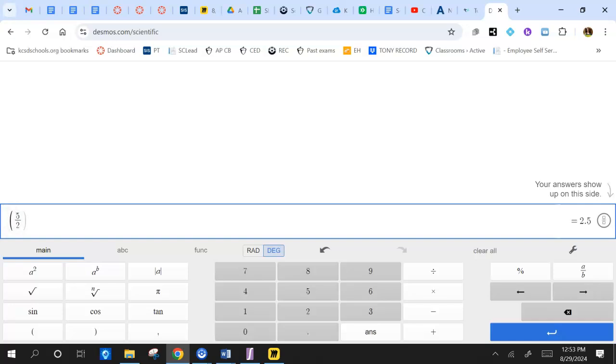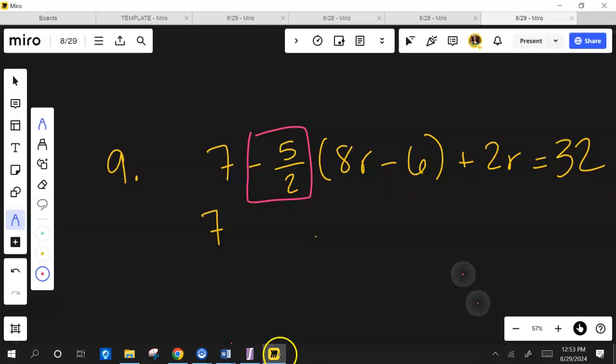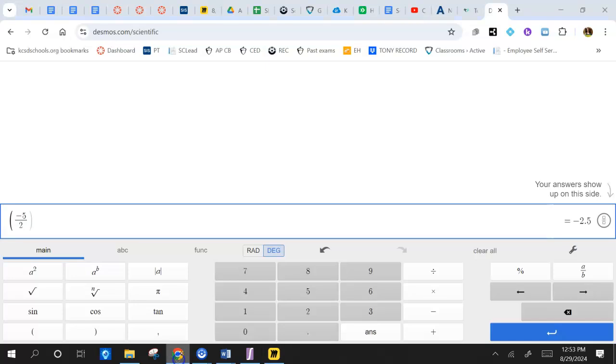Where's the negative button? Okay. -5/2. On this, it's the same as the minus button. On your calculator, it's a different button. All right. There's -5/2. And I need to do -5/2 times 8, right? Times 8.